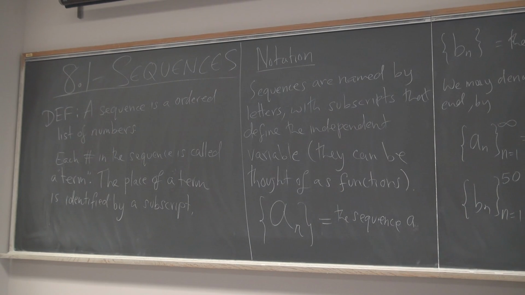So you just really want to think of these guys as a list of numbers in a certain order. So, for example, a_n, if I say n goes from 1 up to 5, you think of this as just a list: a1, a2, a3, a4, a5. Or I could say a_n from 1 to infinity.